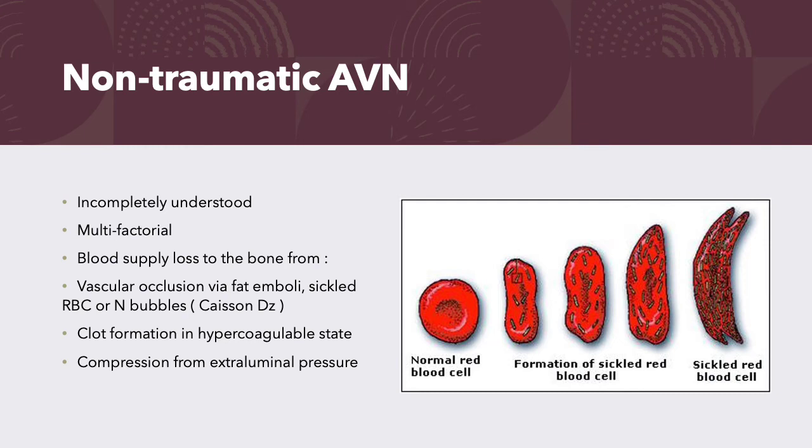The pathogenesis of non-traumatic avascular necrosis is incompletely understood and likely multifactorial. The blood supply loss to the bone can stem from vascular occlusion via fat emboli, sickled red blood cells, or nitrogen bubbles known as Caisson's disease, or the vascular structures may clot in a hypercoagulable state or become compressed from extraluminal pressure.